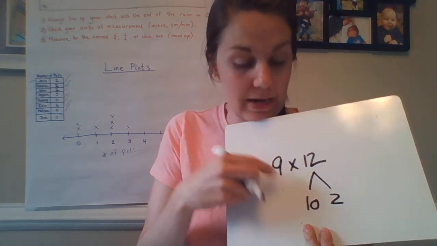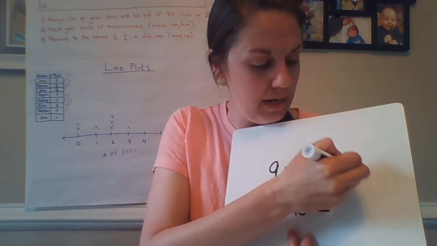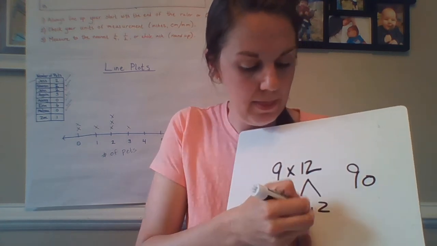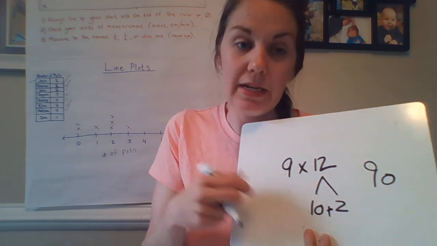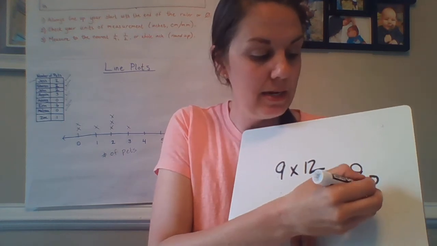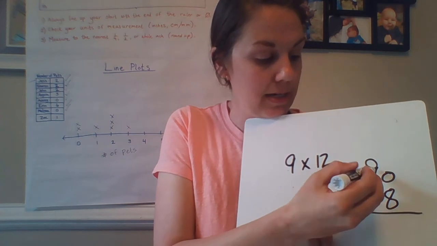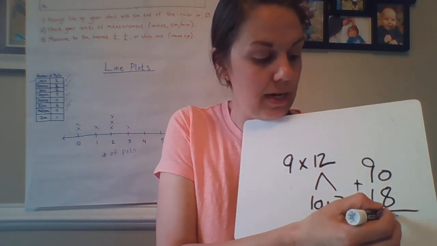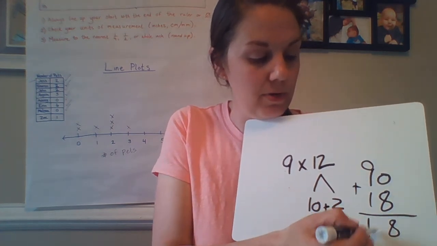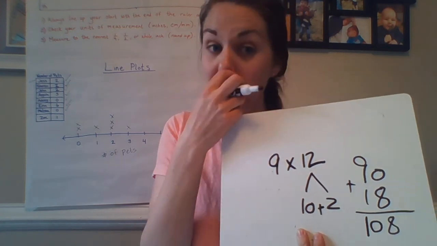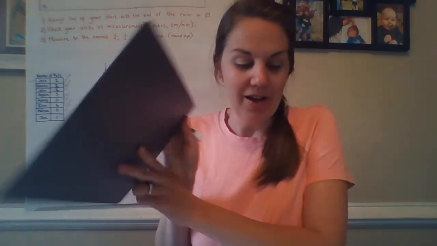So I know that 9 times 10 would be 90. 9 times 2 is like double 9s, that would be 18. So if I added my answers together, I would get 0 plus 8 would be 8. 9 plus 1 would be 10. I would get 108 as my answer.